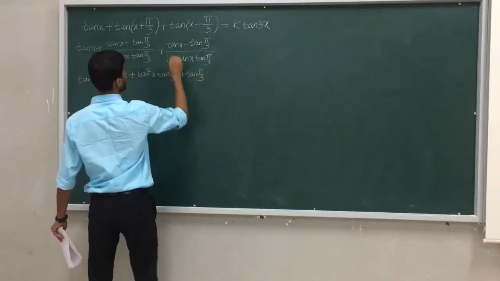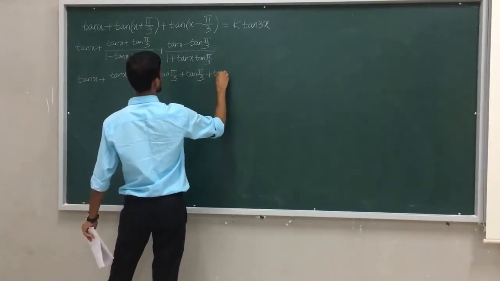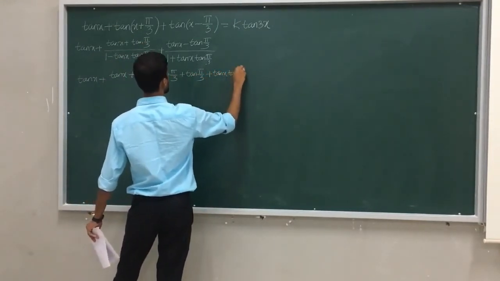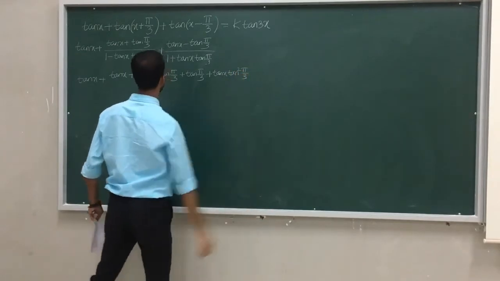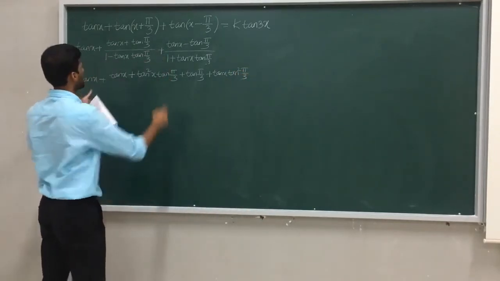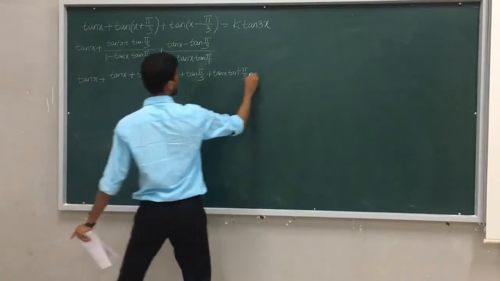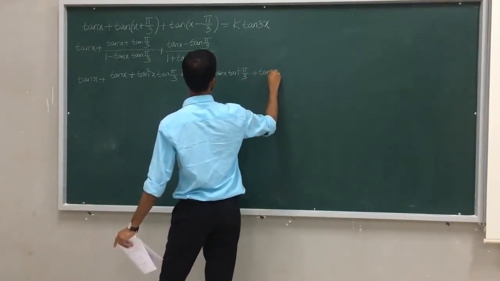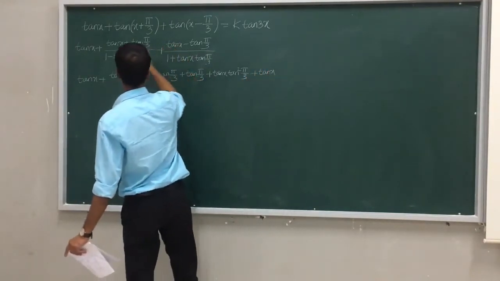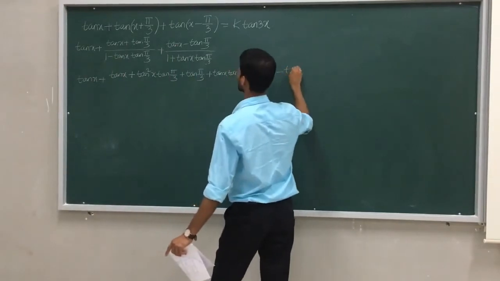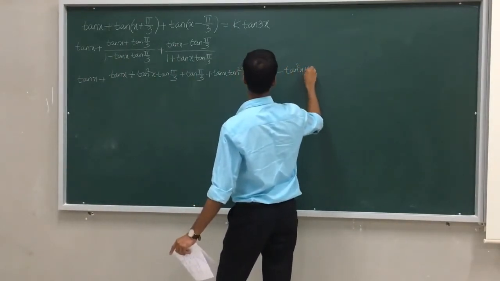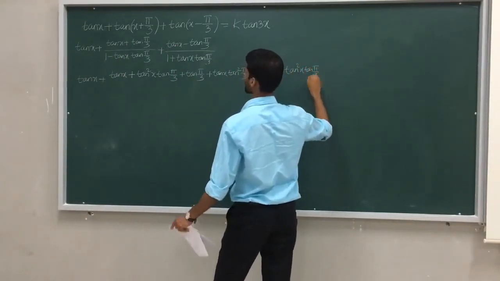Okay, then tan x into tan square pi by 3. And here you multiply tan x into 1, it is tan x, plus into minus, it is tan square x tan pi by 3.